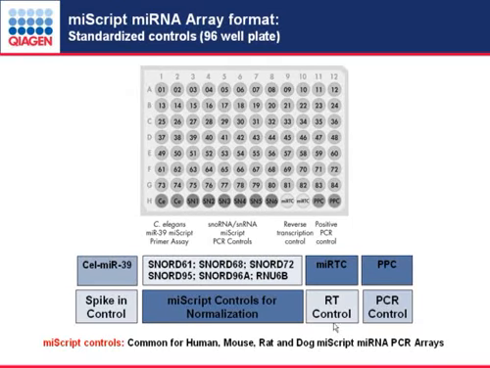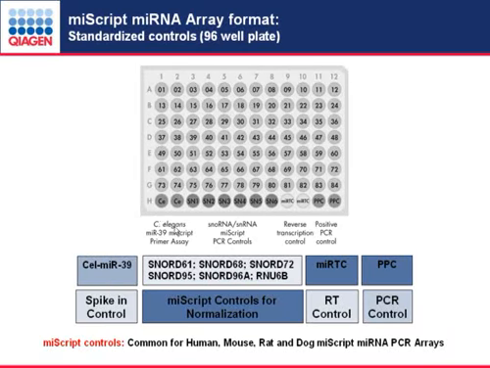To show you a little bit about what this array looks like, each PCR array contains dried primers, and in the case of a 96-well array, you have 84 focused microRNAs, and in the final row, you have 12 control wells.